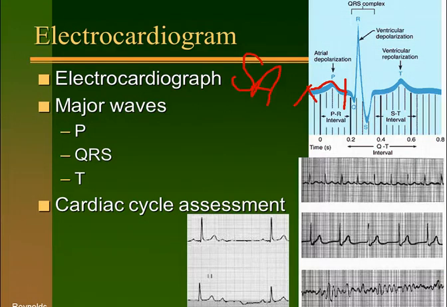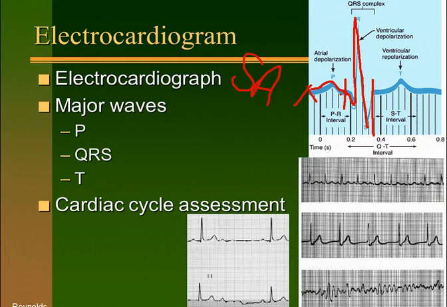Okay, so remember it's then going to go to the AV node, which generates one in response, and it goes down the bundle, and it goes down eventually to the Purkinje fibers, all that jazz. Now we are going to move this depolarization wave through the ventricles, and there is the QRS. So there's the depolarization wave going through the ventricles, and they then will contract right there.